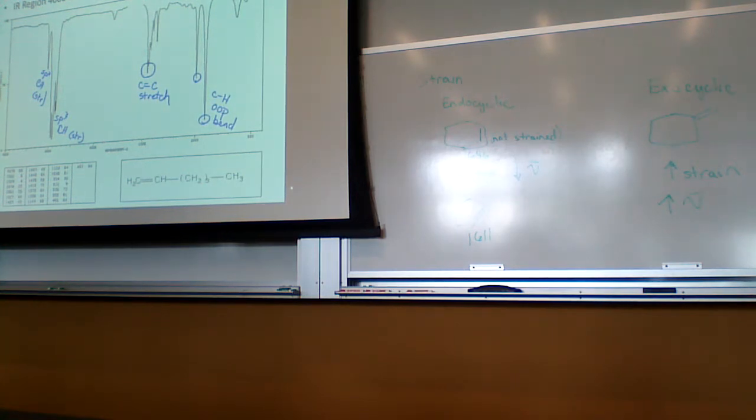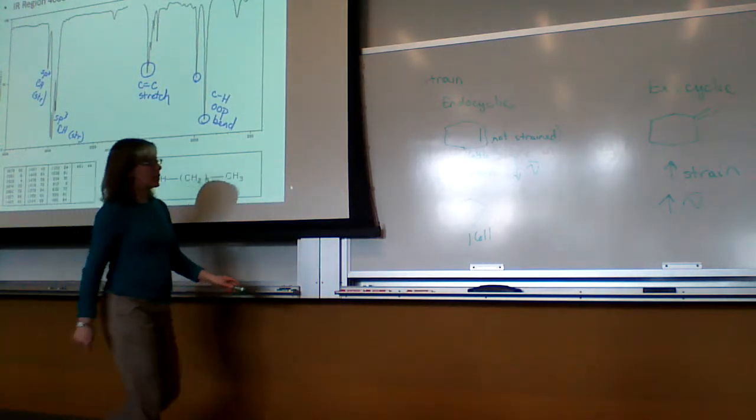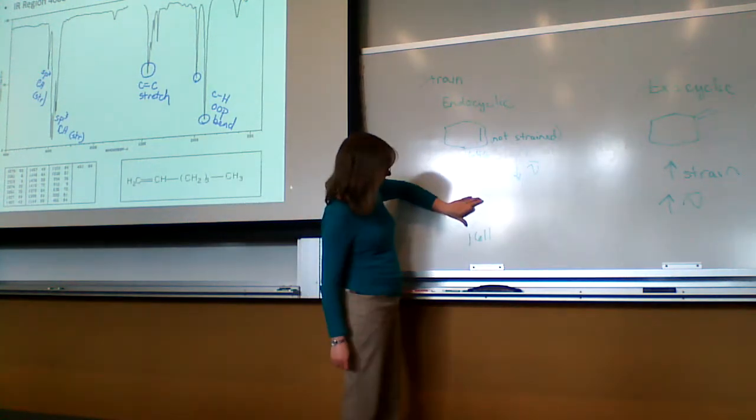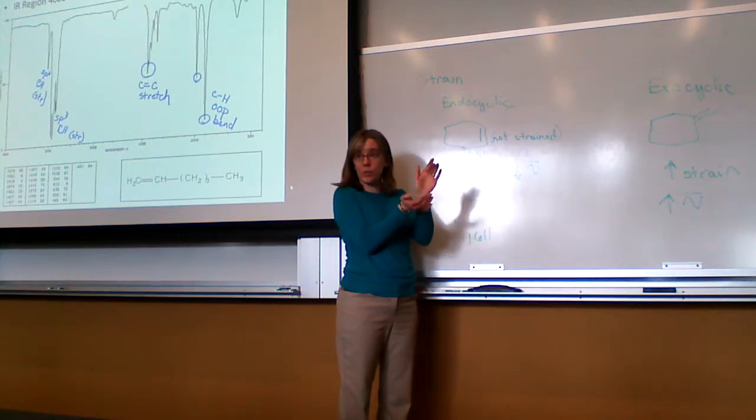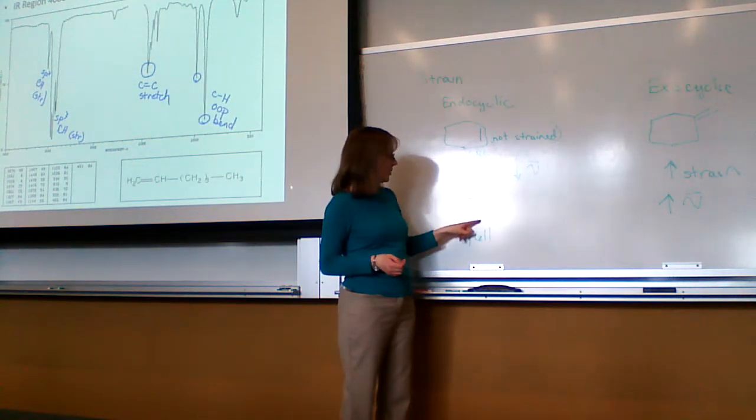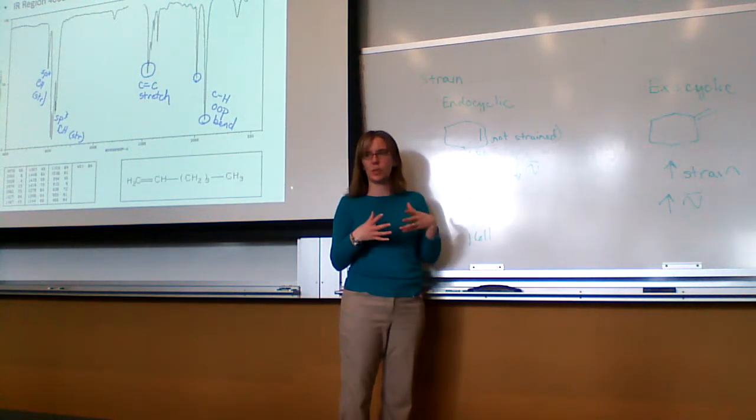I'm confused why if the strain increases, why the wave number decreases. I'm sorry, I didn't catch that. So in this case, the strain is going to be pulling the bonds closer to it, and it changes the double bond character.